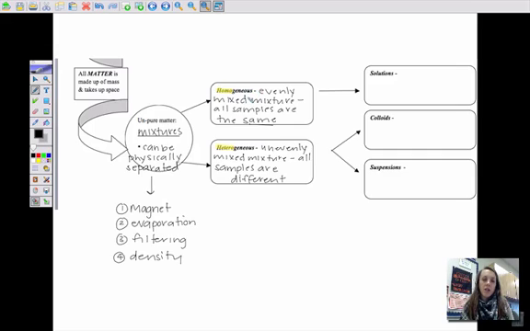But let's go back to homogeneous. There's only one type of homogeneous mixture, and that's called a solution. And a solution is a clear liquid that you can see through. So, for example, Windex, or that blue window cleaner, is an example of a solution.